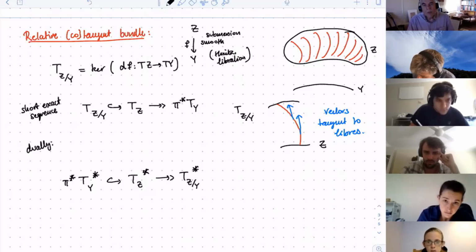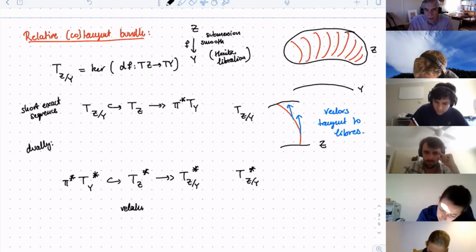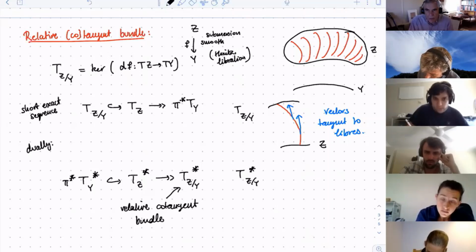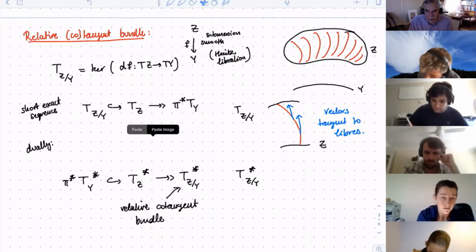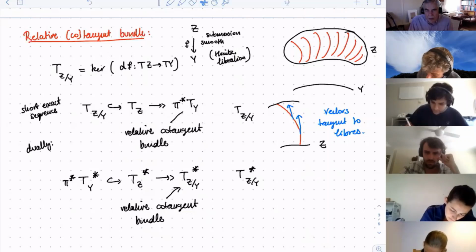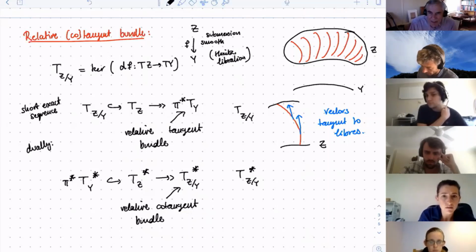And you can think about elements in this. So this is the relative cotangent bundle. Is that an F upper star? Yes.